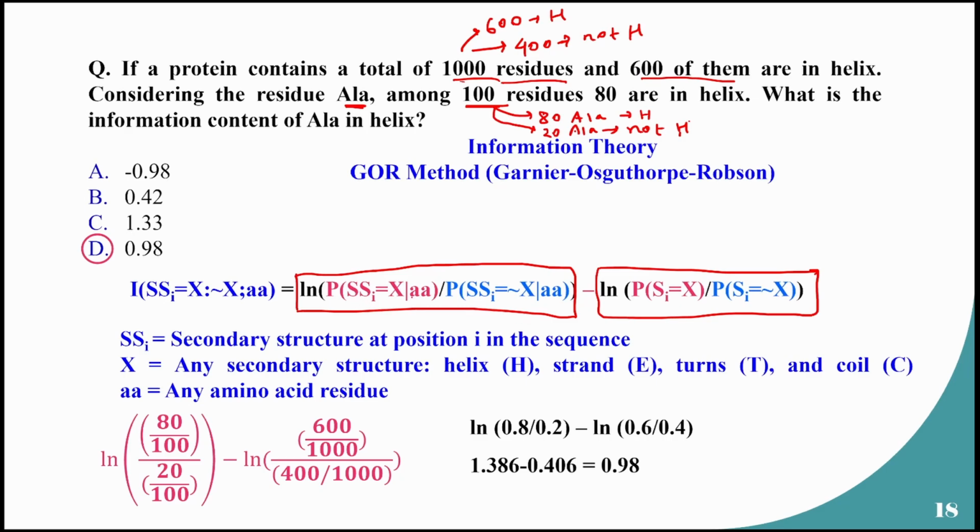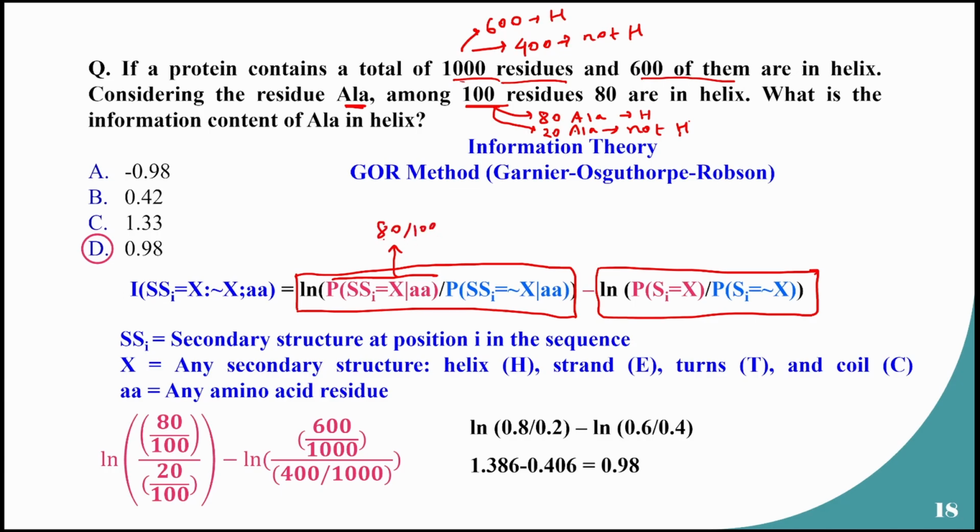If you see the first term's first part, it is talking about, out of all of the alanine that you have been given, how many of them are present in helix? In this case, this should be 80 divided by 100, because 80 out of 100 alanines are in helix.